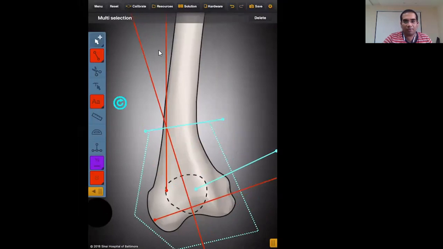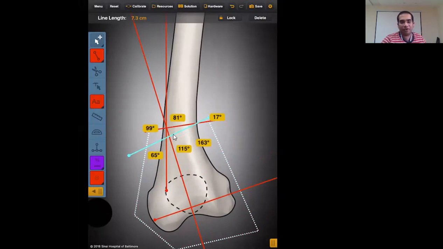From this axis, I need to draw a reference line which will correct the deformity. Since I have got 17 degrees of deformity, the line which is making 17 degrees of angle with this line is going to correct the deformity. And the amount of bone which comes in between, you can simply measure it and then remove it.